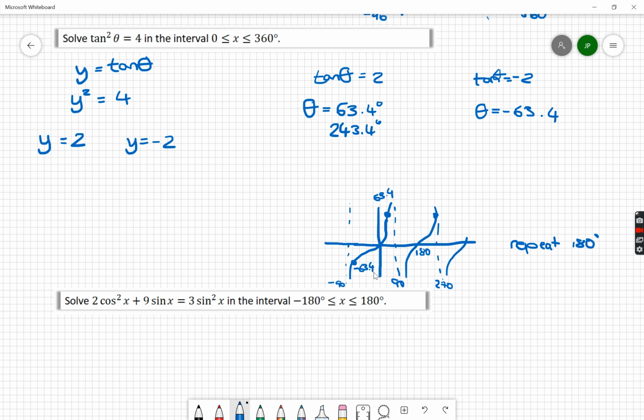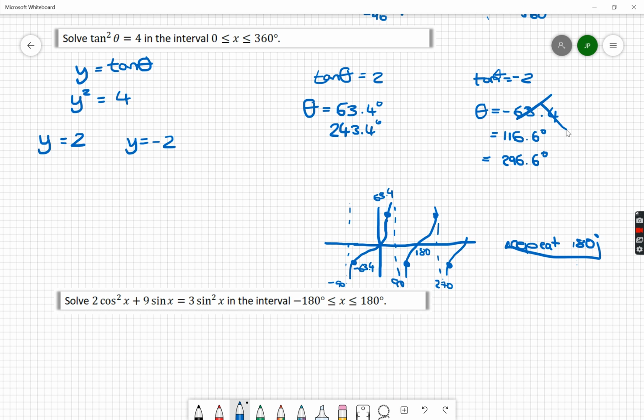So between 0 and 360, I'm actually going to have two other solutions. We know it repeats every 180 degrees, so I'm just going to add 180 on twice. So I can get 116.6 and I can get 296.6. And I've got my different values.